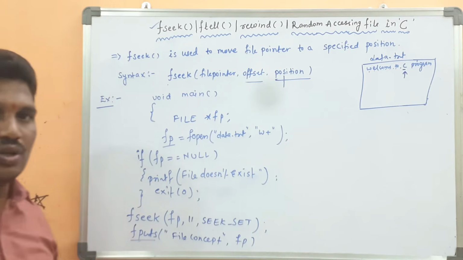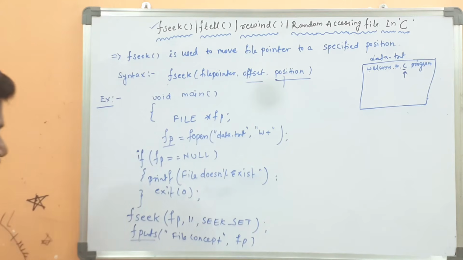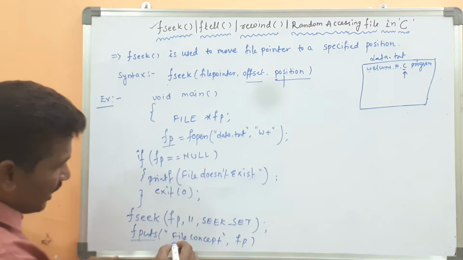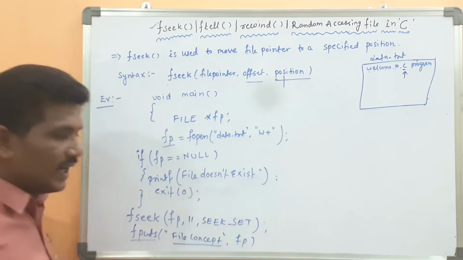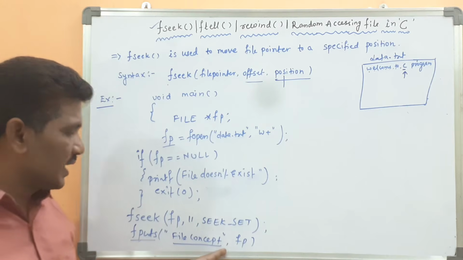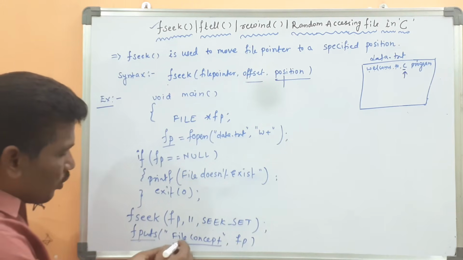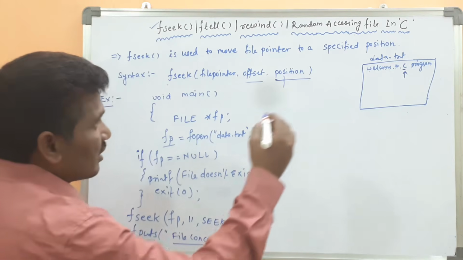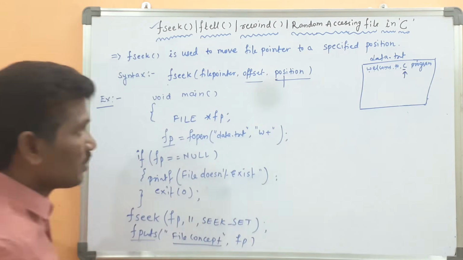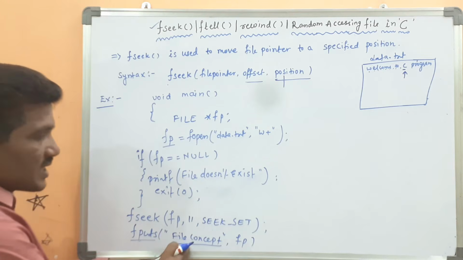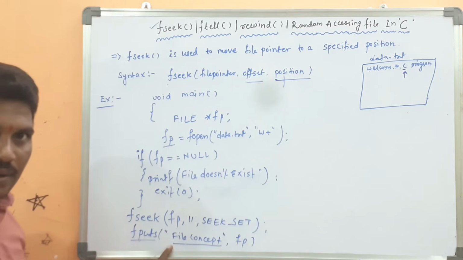Already we studied all these functions in previous classes, so I don't want to explain briefly about it. The file content is a string, and fp is a file pointer. Then it can be overridden. Here the cursor will be at this position. From that position, this text is inserted into the file.